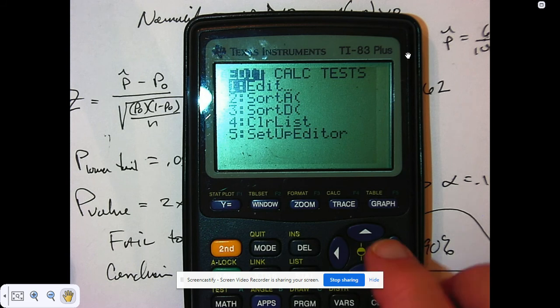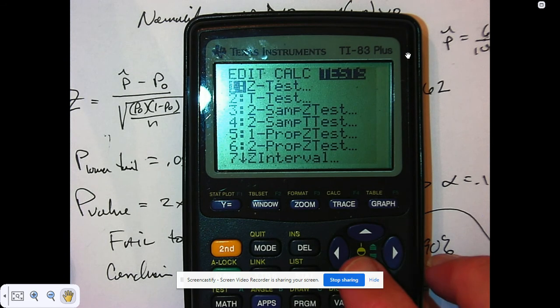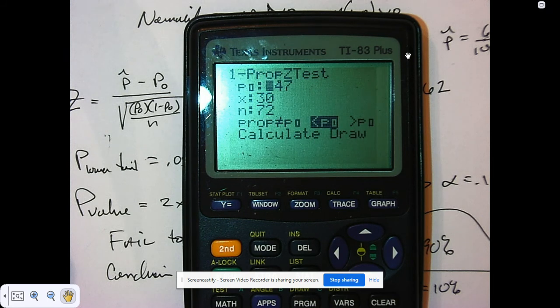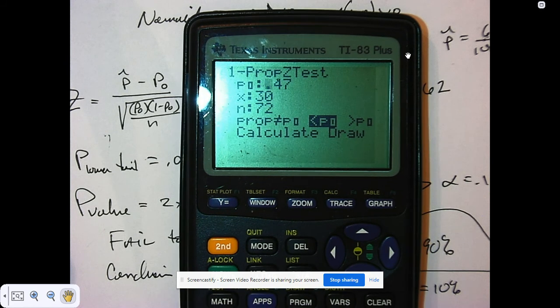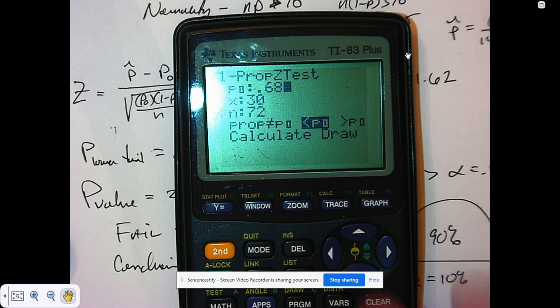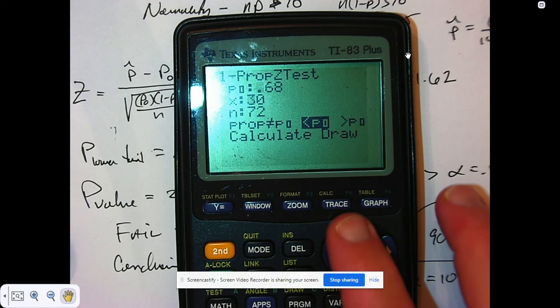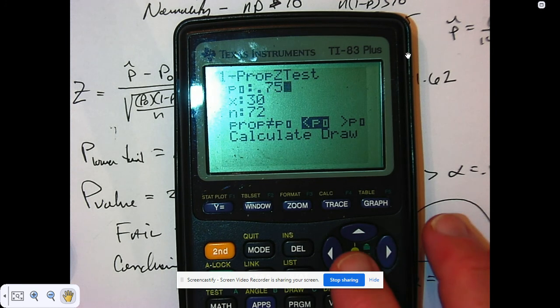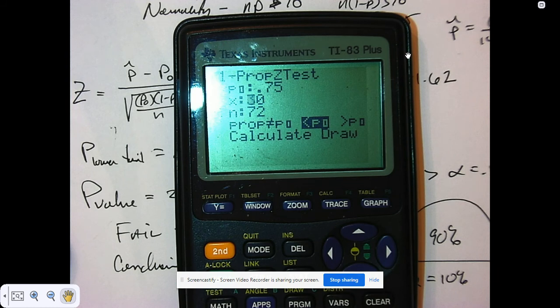So stat, test, it's still a 1 proportion z-test. Our new test statistic is now 0.68. Excuse me, sorry. That was supposed to be our hypothesized proportion, which is 0.75.